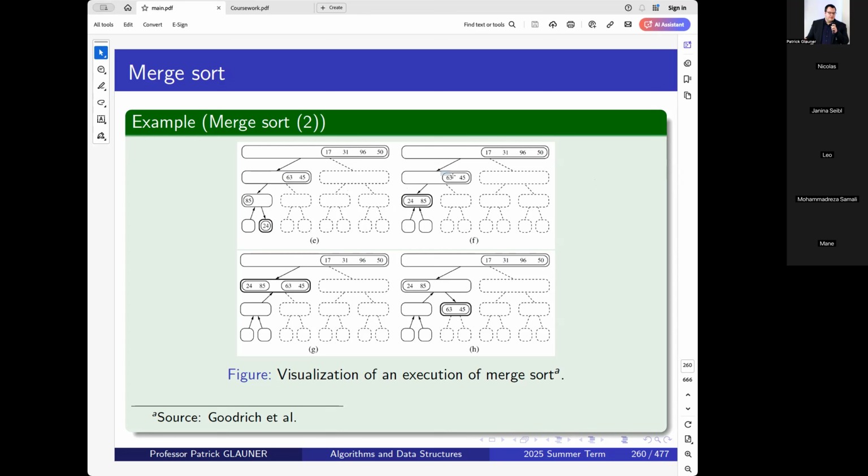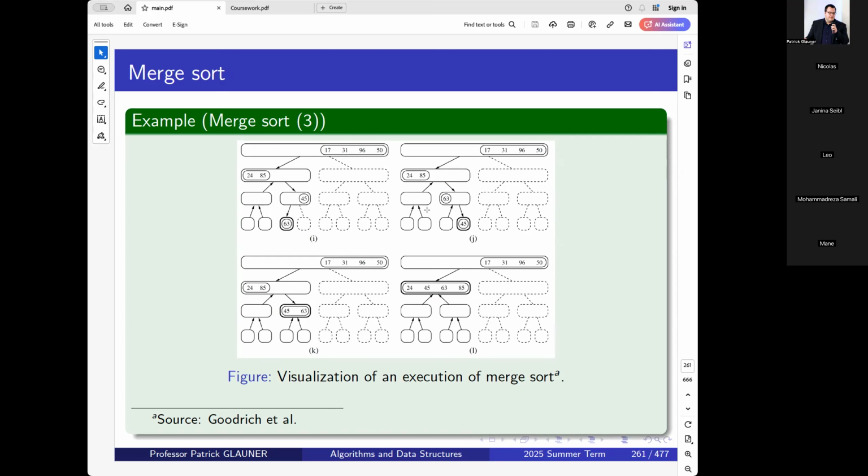But I still have my 63 and 45. Still a sublist I need to merge. I need to first split into a 63 and a 45, which I can do here. I have a 63 and a 45, and I know 45 is smaller than 63, so I put them in the right order.